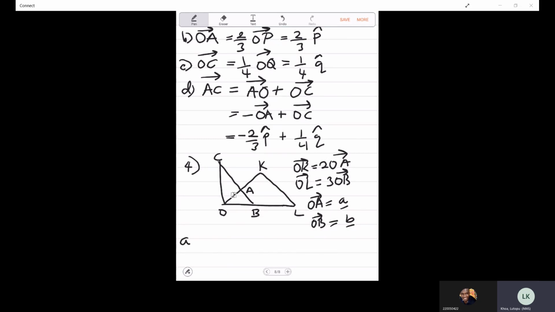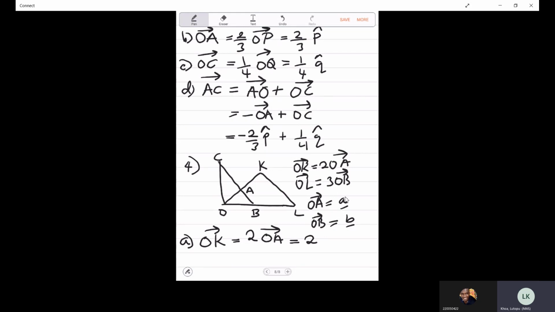So the first one, A, we have to write OK in terms of A and B. Now if I'm at O and I want to get to K, I'm just going to make use of this information that I'm given. I'm told that OK is 2 times OA. So here I have 2 times OA, which is just 2A.